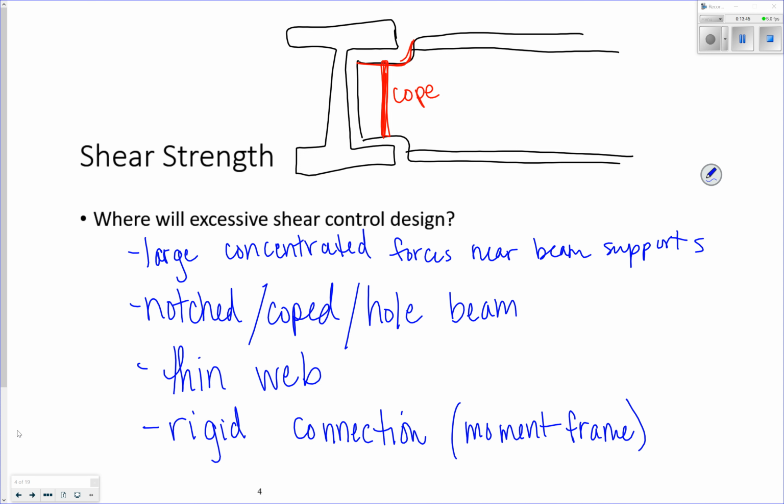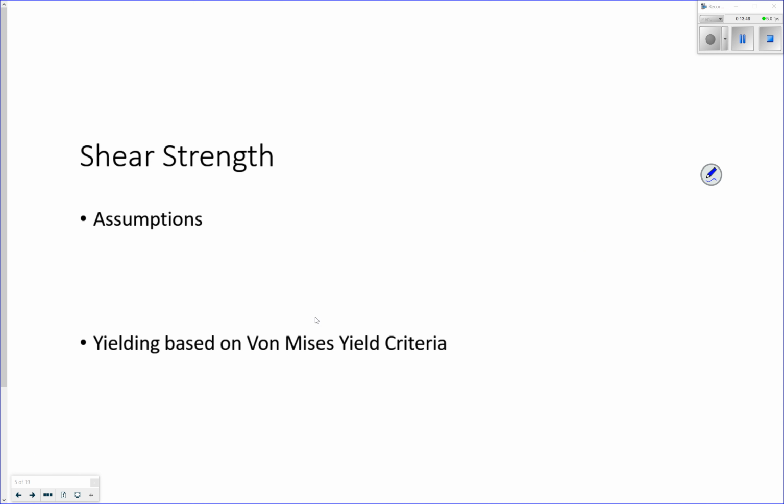Okay? So if I'm looking at quantifying, would be a better word, quantifying my shear strength, I'm going to assume that shear and moment are independent.